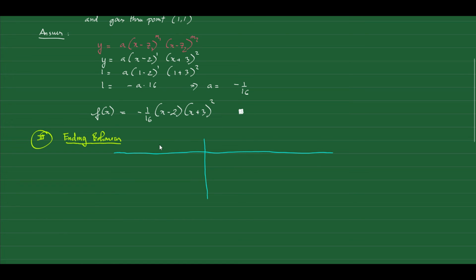Over here I'm going to put n is even, and over here I'm going to put n is odd. When n is even, I'm going to split into 2 more cases.